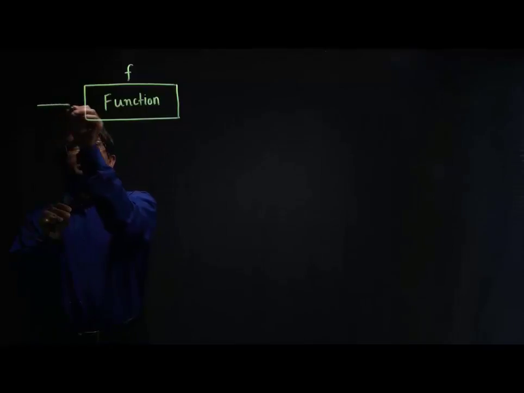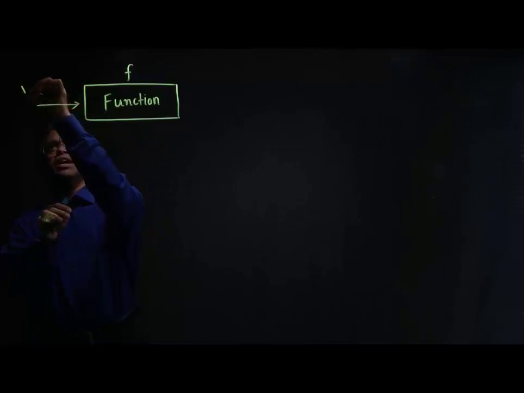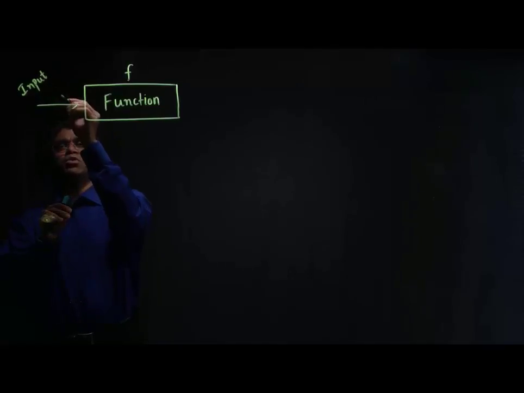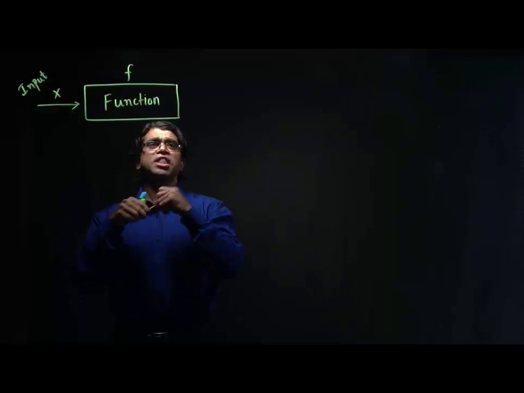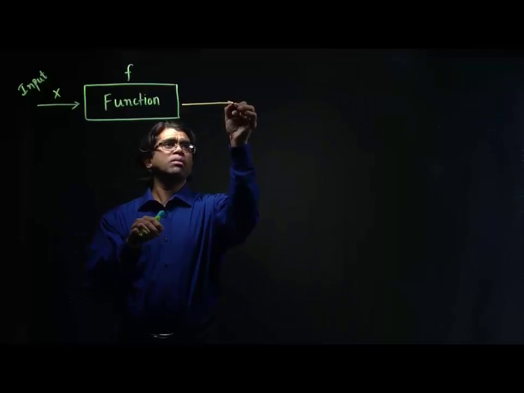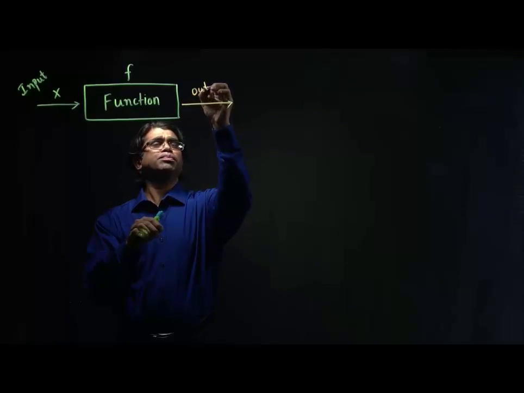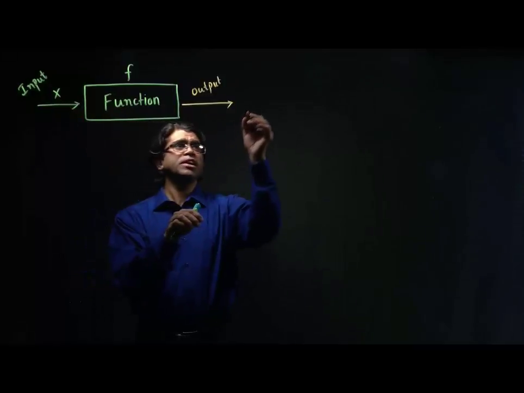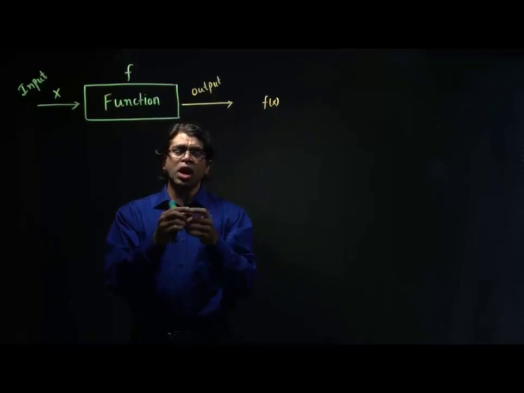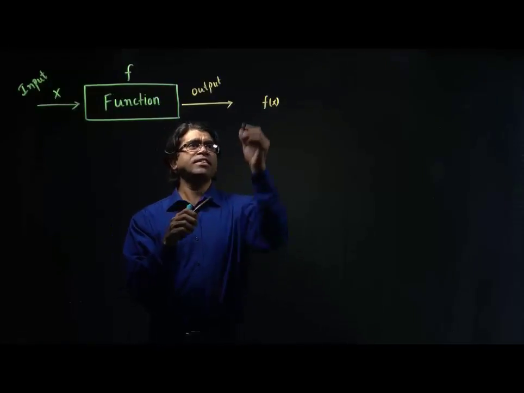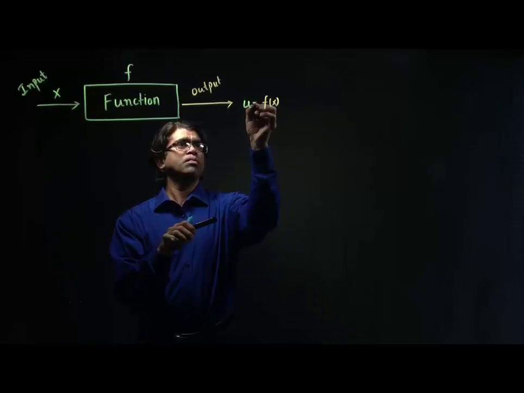If we substitute an input value, and I consider that input value as x, then my output value for x would be f(x). And I'm going to take that f(x) as my u.